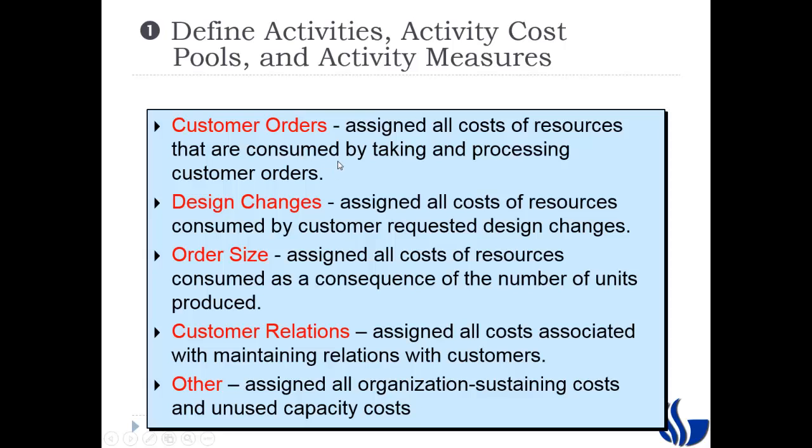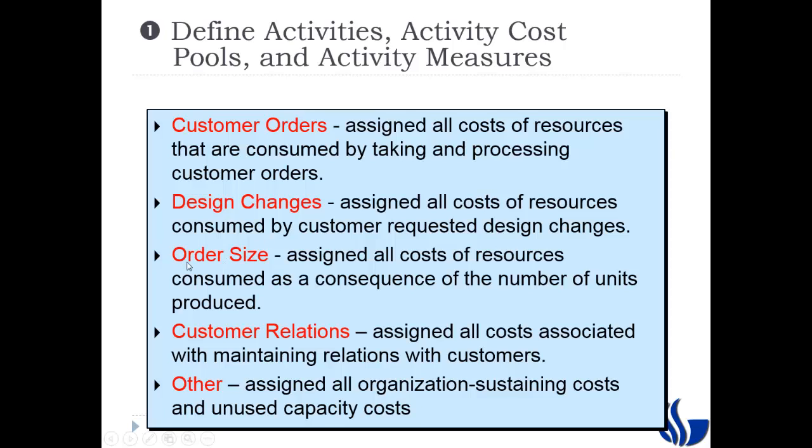All right, when they process customer orders, that'll probably be done as a process one order that is a batch of batteries at a time. We could also say this is a customer level cost pool probably. We've got design change cost pool, assign all costs of resources consumed by customer requested design changes. So this could be either a customer level cost pool, or it could be a product level cost pool if these changes are only made for one type of product.